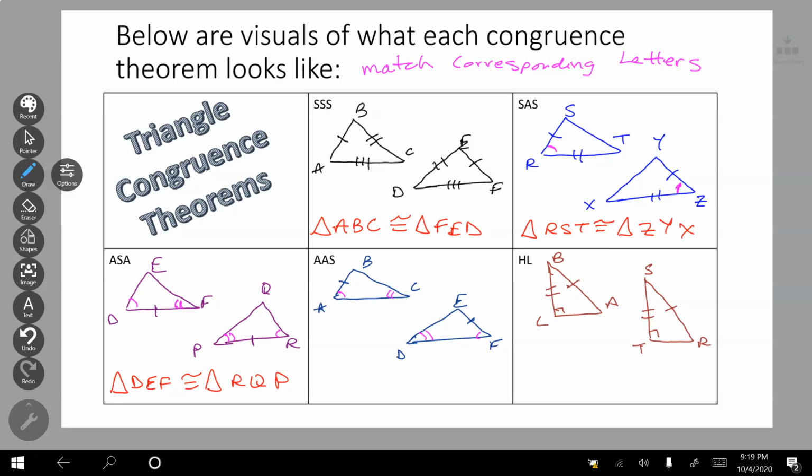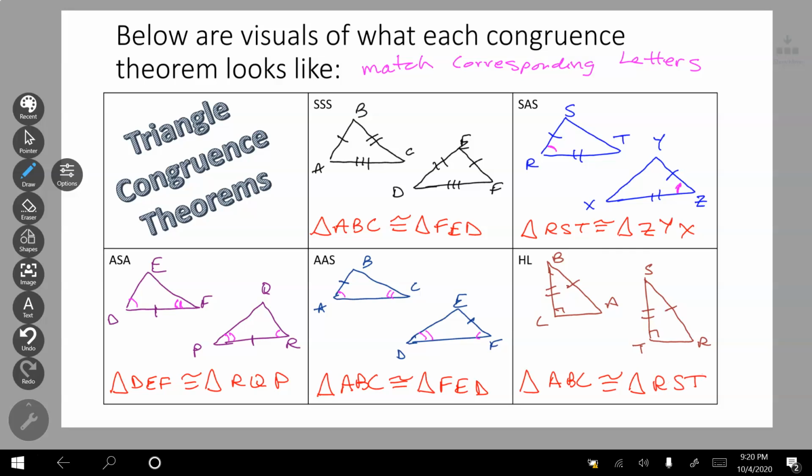Okay, then the next triangle, I have triangle ABC is congruent to triangle, well, A has 1 tick, so that's F. It goes up to B, which is a side, with E, and then to D. And this last one, the right triangle, triangle ABC is congruent to, well, A is over here on the one leg, triangle RST.